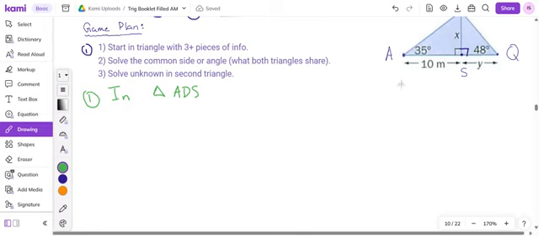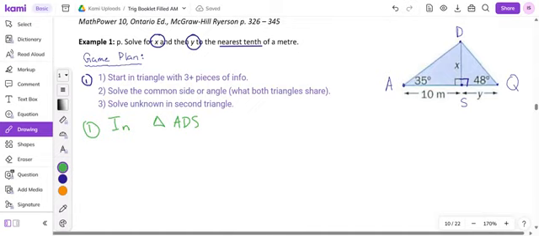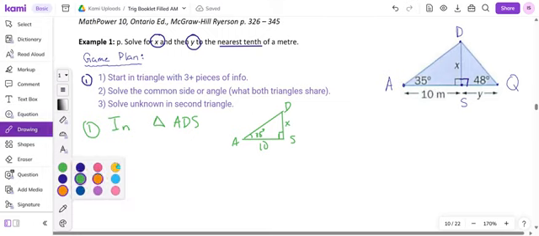So, I'll redraw it. You don't have to. ADS. I know that's 90. I know this is 10. And I know this is 35. And that's my X. You can label this like on the given equation. So I'm going to circle the angle I'm using.